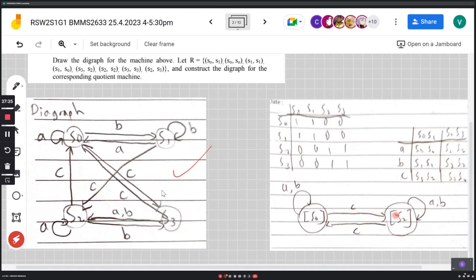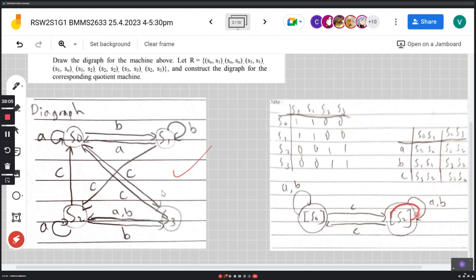Okay. Then for S2, after input A, it remains at S2. So input A, go back to S2. After input B, it will go to S3. S3 is still inside this class, right? So we will still go back to S2 for input B. We don't go to S3.